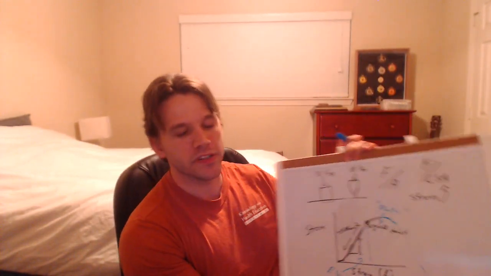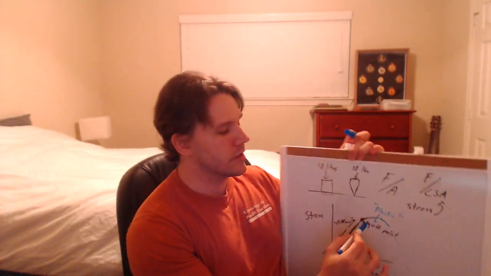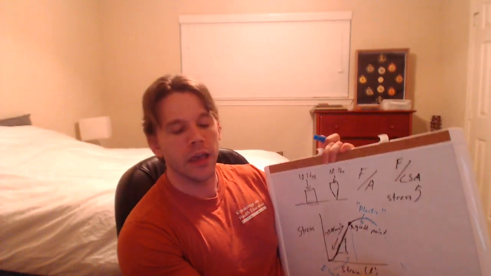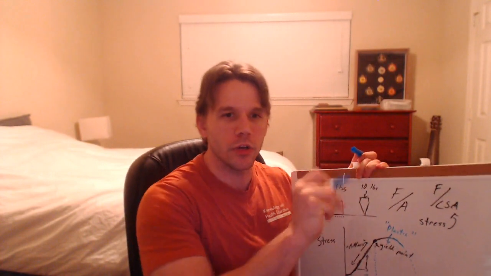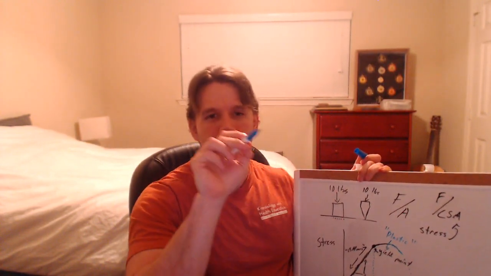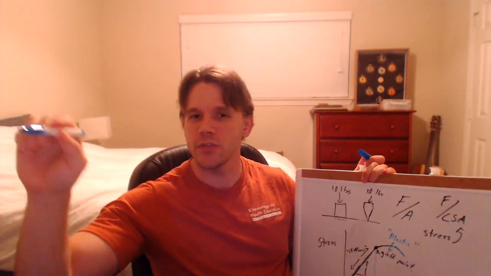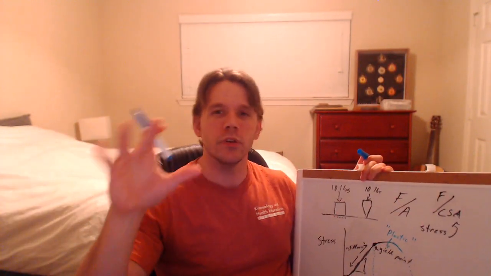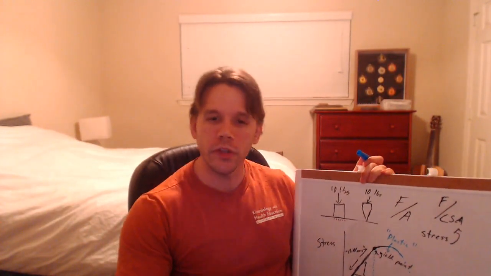It's not a perfect representation, but eventually this material will fail. And if you get used to this concept, you can look at a graph and go, oh wait, okay, that's where the elasticity is no longer intact. That's where we're having a plastic change. This is where the tissue fails completely. And when you can see that, it's kind of cool. So hopefully that helped out.